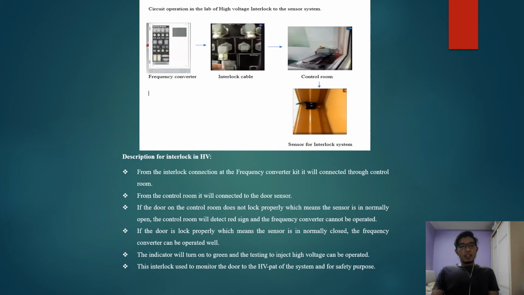Next, the indicator will turn on to green and the testing to inject high voltage can be operated. This interlock is used to monitor the door to the high voltage part of the system and for safety purposes.